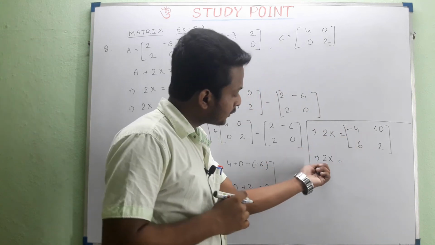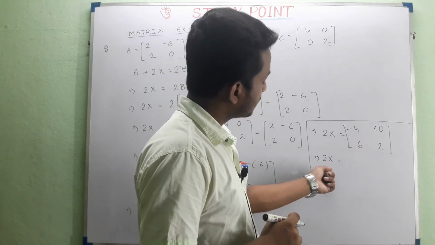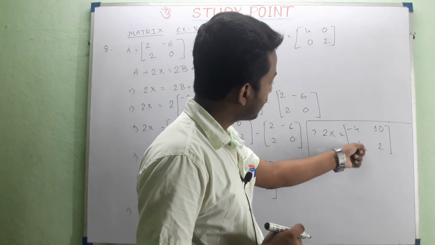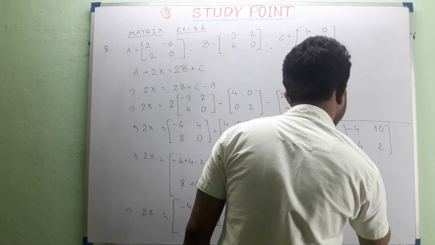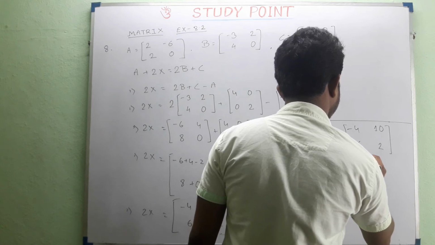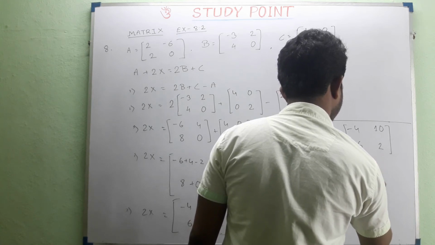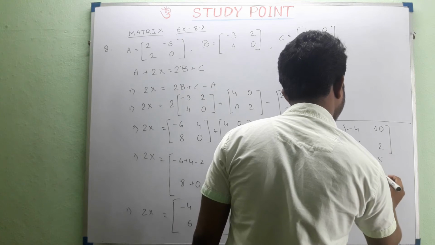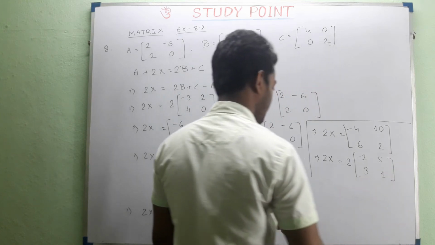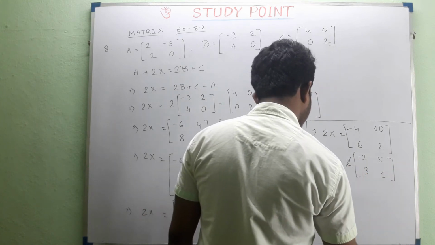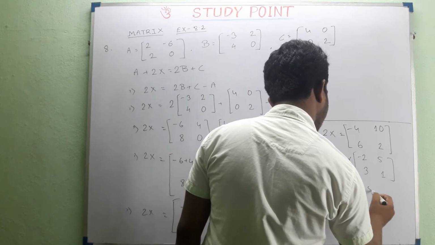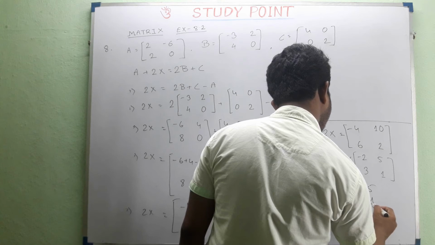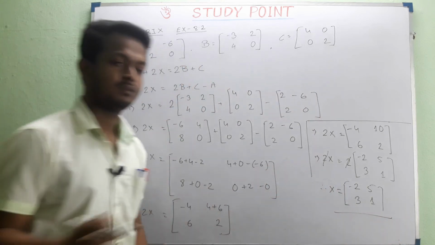Now as 2 is the coefficient of x, each and every element of this matrix is divisible by 2. So let's take 2 as common and write down the remaining thing over here. Okay, now cancel out this 2 and from here the value of the x matrix will be minus 2, 5, 3, 1. So this is the answer.